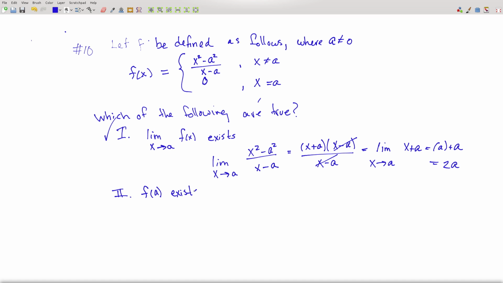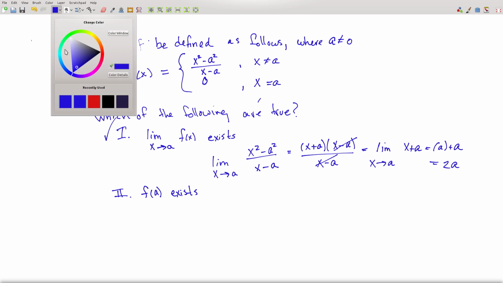Well, if you understand what it's asking for, this should be one of the easier ones to decide that it is true. See, what is this saying? It means, is there some value for f of a? Is f of a undefined, or is there some value for it? Well, look back at the definition for f of x. It's this piecewise defined function. And look at what it says the function becomes when x equals a.